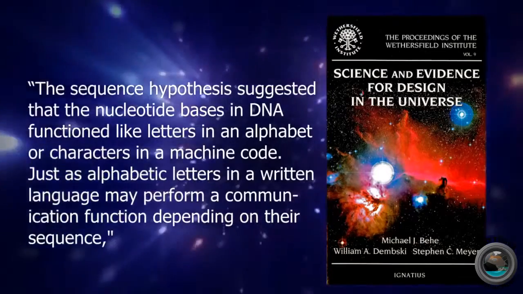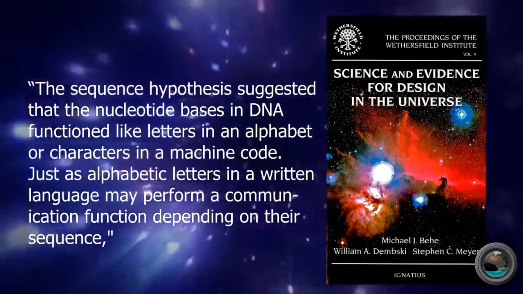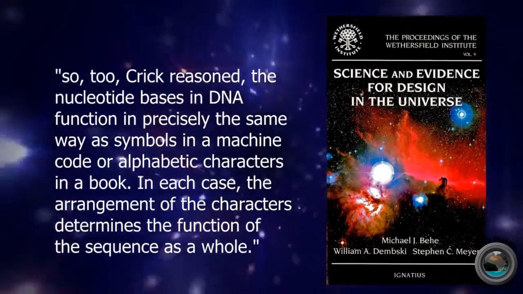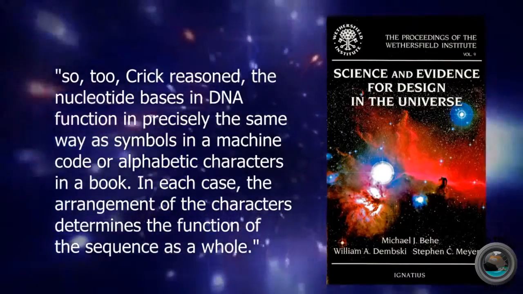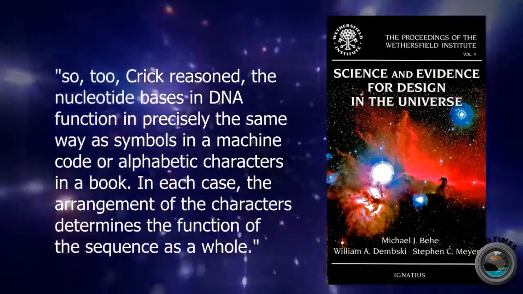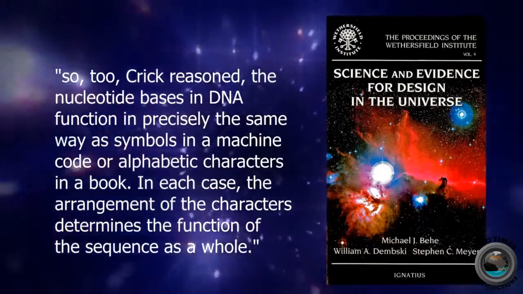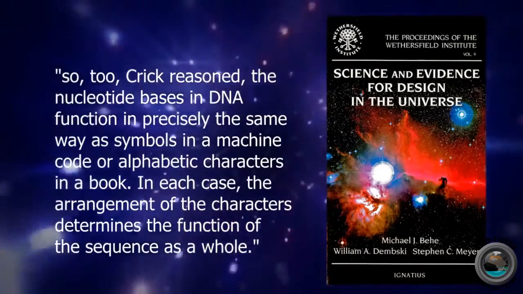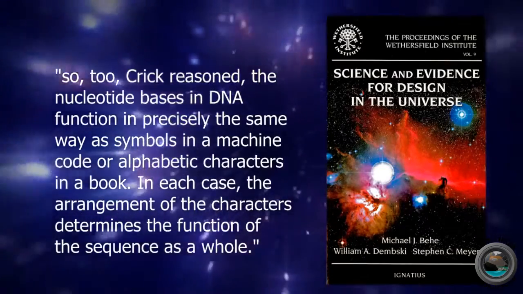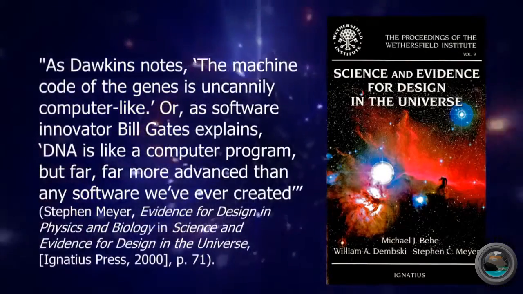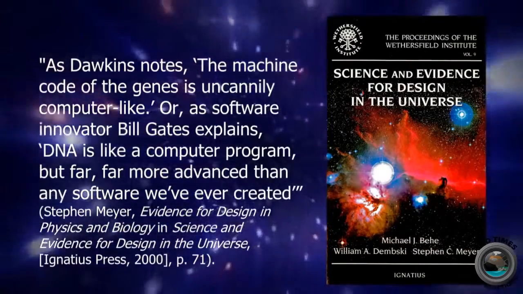Just as alphabetic letters in a written language may perform a communication function depending on the sequence, so too, Crick reasoned, the nucleotide bases in DNA function in precisely the same way as symbols in a machine code or alphabetic characters in a book. In each case, the arrangement of the characters determines the function of the sequence as a whole. As Dawkins notes, the machine code of the genes is uncannily computer-like.